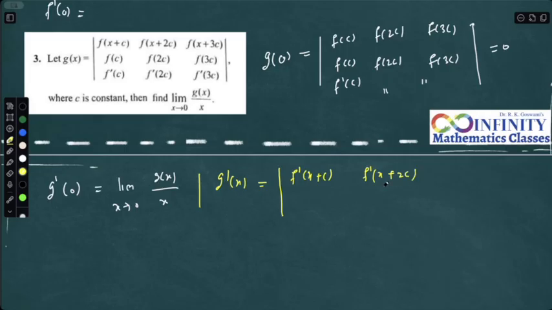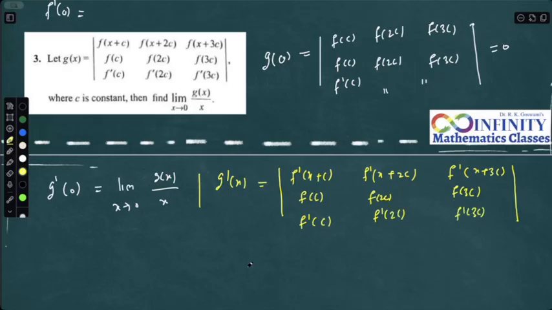The derivative of x plus 2c is again 1. So only the derivative sign will be there. Rest are the same: f c, f 2c, f 3c, f prime c, f prime 2c, f prime 3c.